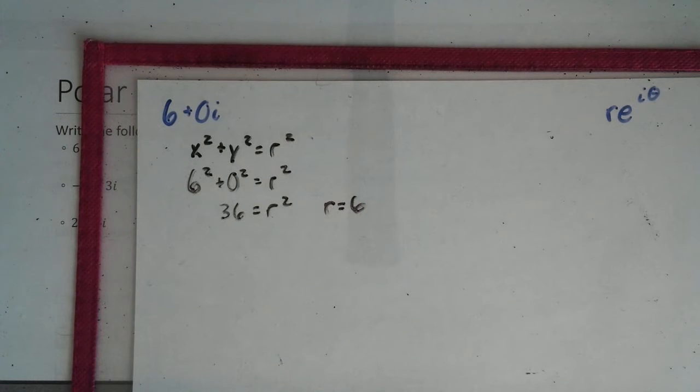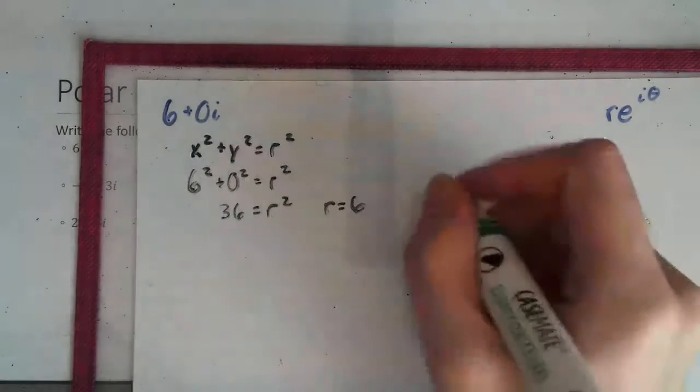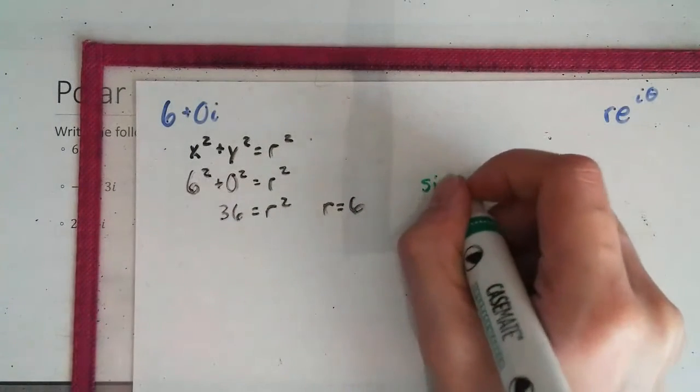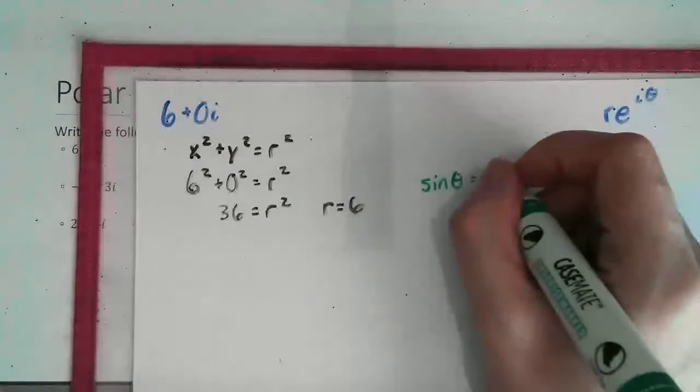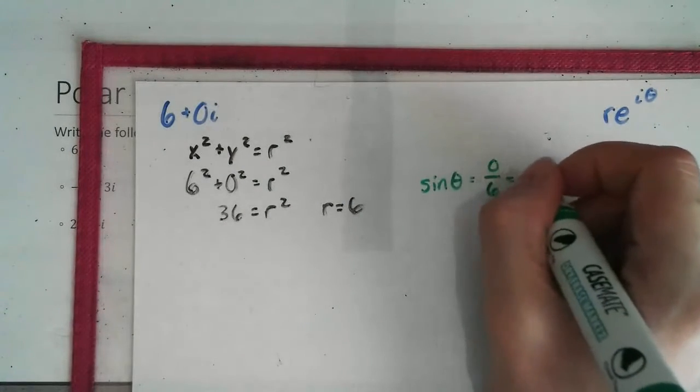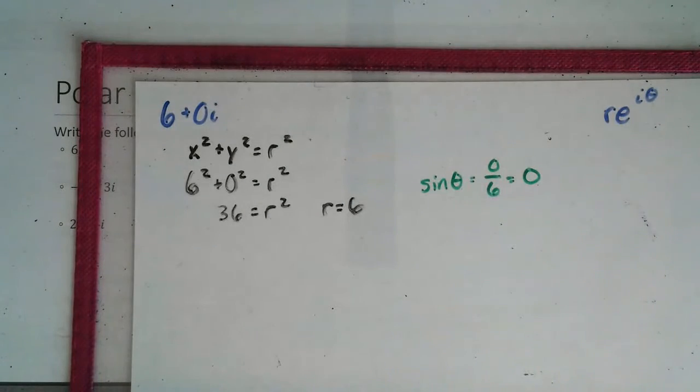Now we need theta. To find theta, we can either use the fact that cosine is x over r, or the fact that sine is y over r. I feel like using sine, but you can use either one. The sine of theta is equal to y over r, so that will be 0 over 6, which is 0.